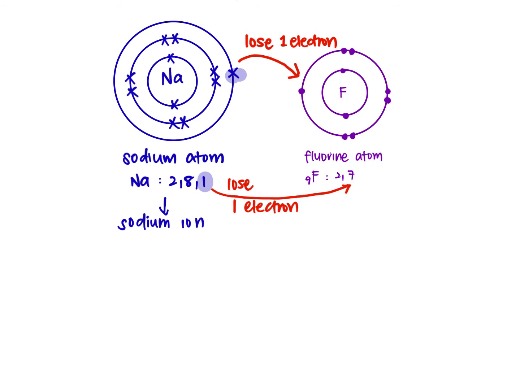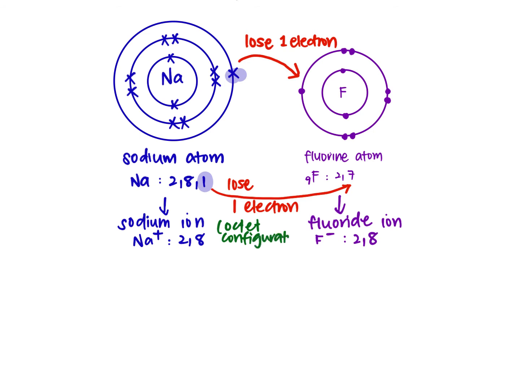This causes sodium to become an ion now because the number of electrons and protons are no longer the same. And fluorine will become a fluoride ion, because it has now gained an additional electron, so it's more negative. Both sodium ion and fluoride ion now have an octet configuration, which makes them stable.